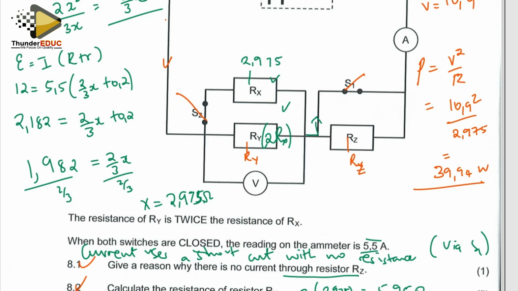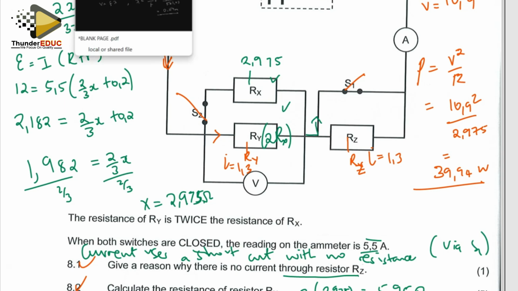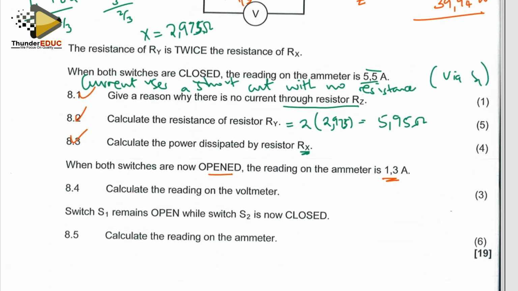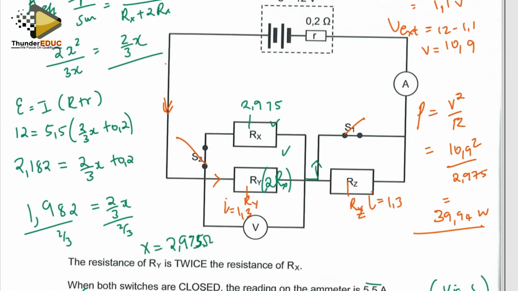So these two are in series. And we know that the current will just be constant, which is 1,3, and the current here is also 1,3. What's going to be different is the potential difference across the two resistors, but it will be equivalent to the external voltage 10,9.